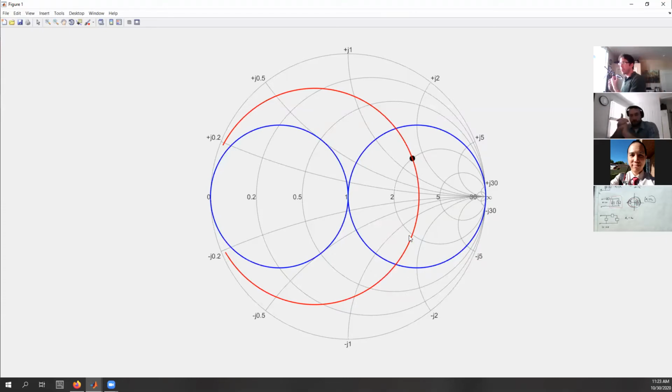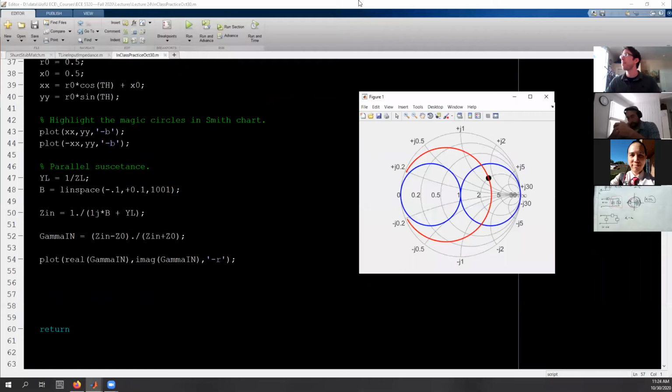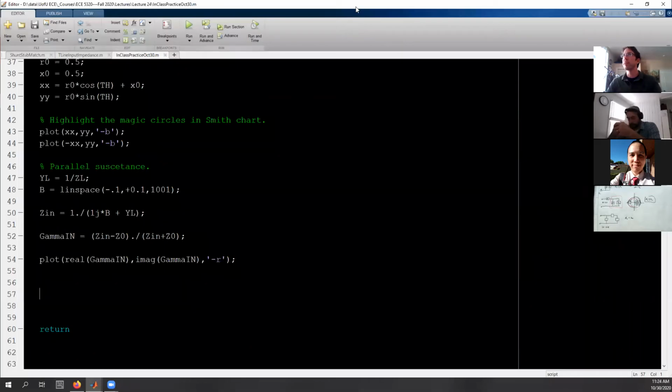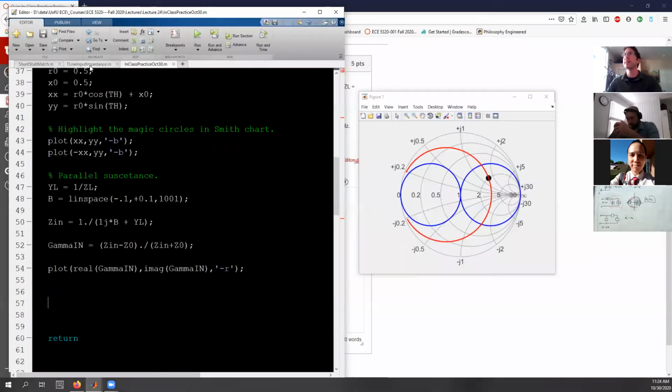So the low is right up there next to the load. I'm dialing around my B and it takes me along this red arc. And so the idea is I dial up and I get to here, and then my series, the high, will take me along the blue circle. So we'll do a little bit more reinforcement of that in a second.